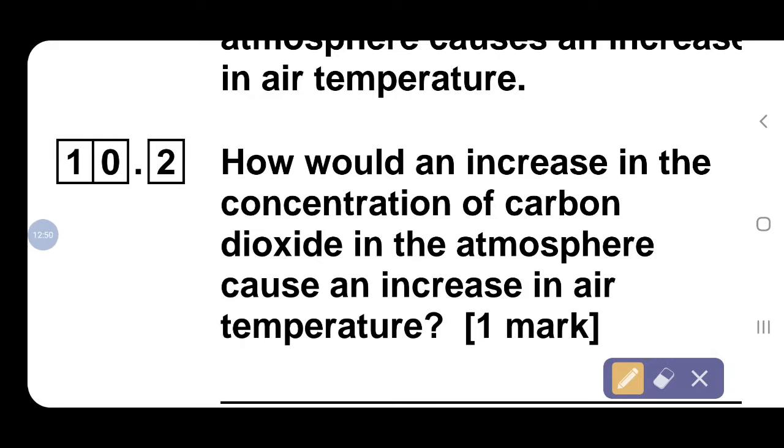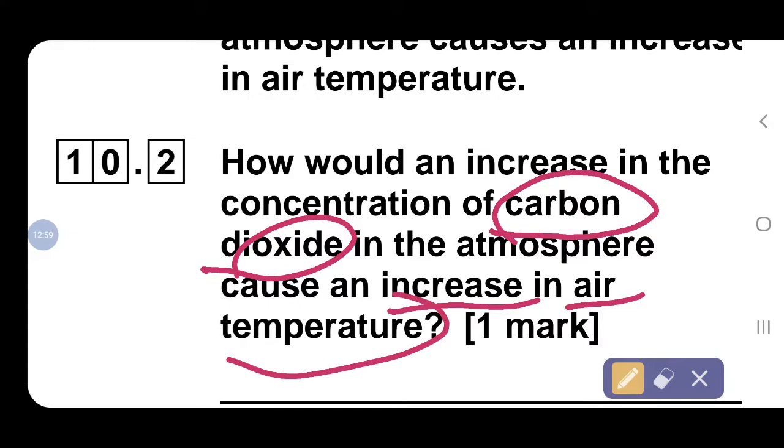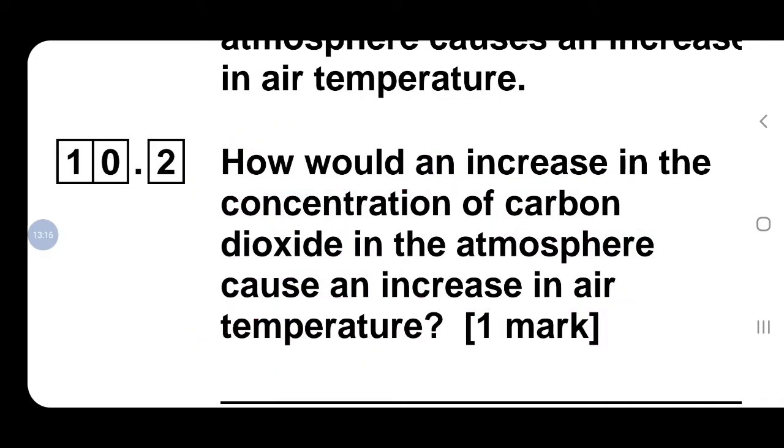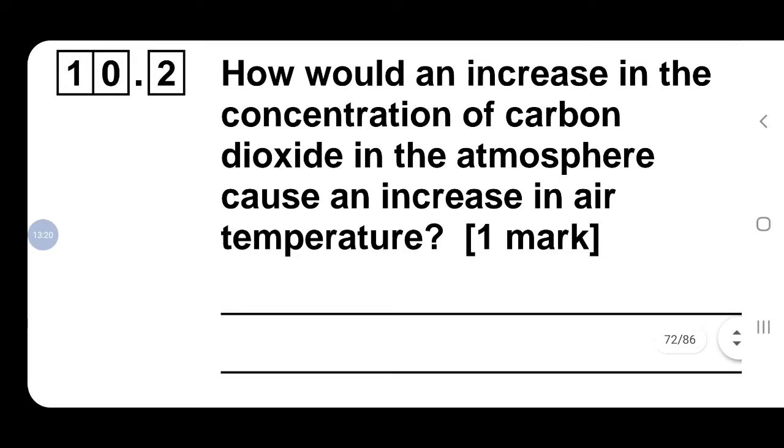So heat traps, this is one thing. Whenever greenhouse gas increases, heat energy or radiation is trapped, there is less loss of heat, and it insulates. So this is the reason you can write.